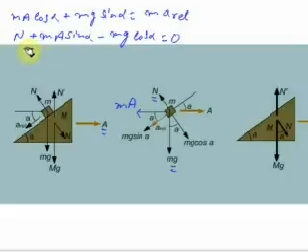Now if we write the equation of motion for the triangular wedge in the horizontal direction, there is only one force acting in the horizontal direction, which is N sin alpha, and this will be equal to capital M times A, where A is the acceleration of the triangular wedge in the horizontal direction.